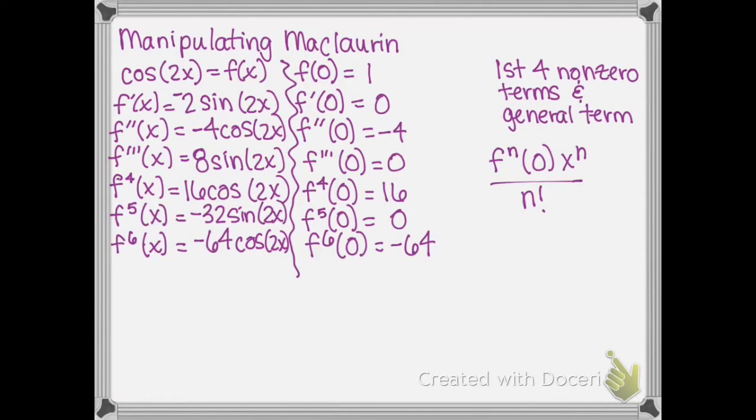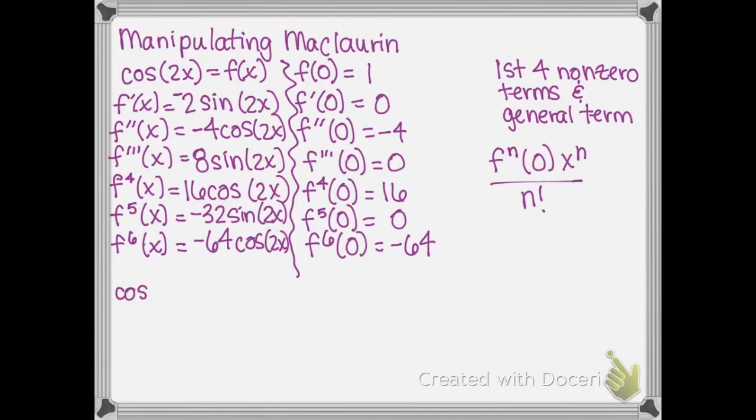Okay, so I wrote out the first 6 derivatives, and I used chain rule. Hopefully you remember to use chain rule also. Then I evaluated those 6 derivatives at 0. Now I wrote down over here the general term for the Maclaurin series, and let's find our series for cosine of 2x.